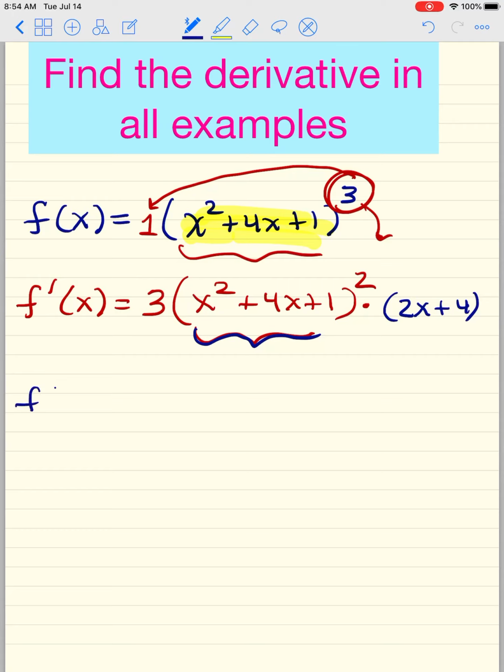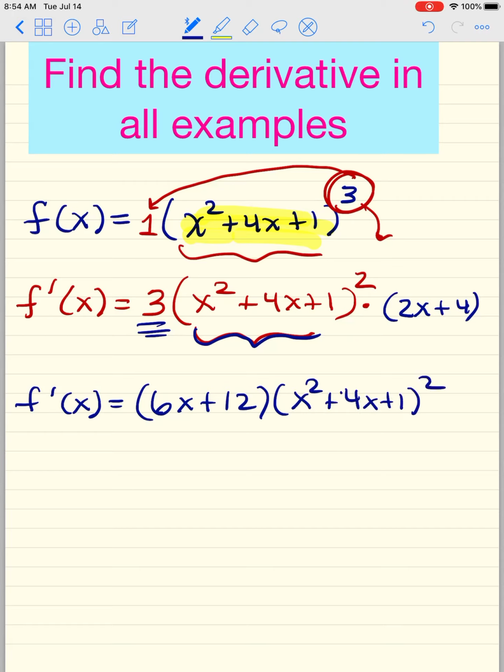Now you're basically done with the chain rule. You're going to do 3 times 2x plus 4, and that is basically the only math or algebra that you're going to have to do for this problem. So you leave your answer just like that. Once again, you take the exponent, you multiply by the coefficient, you recopy the inside, drop this by 1, and then times the derivative of the inside.